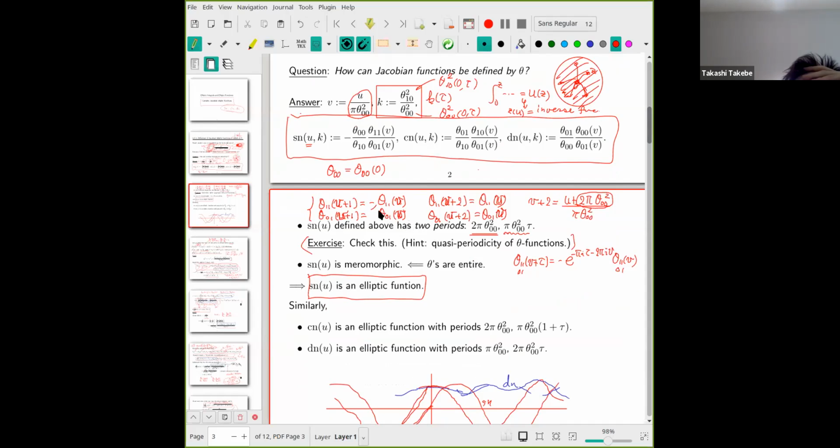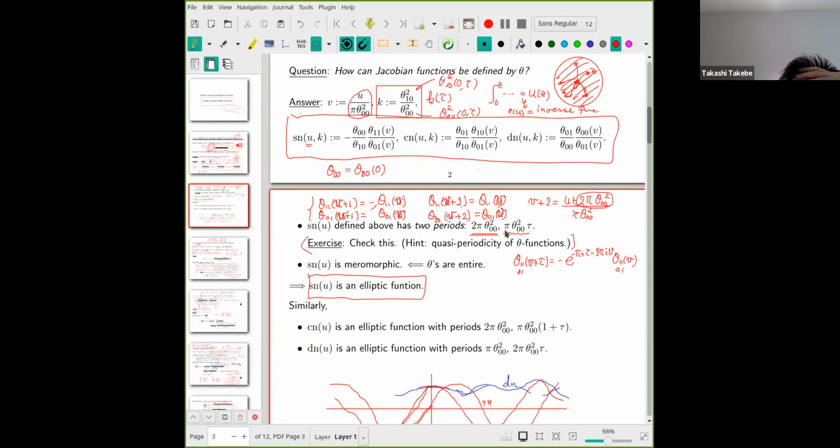For example, theta 1,1 and theta 0,1 have period 2. So this function is periodic in the direction of 2 pi theta 0 squared.